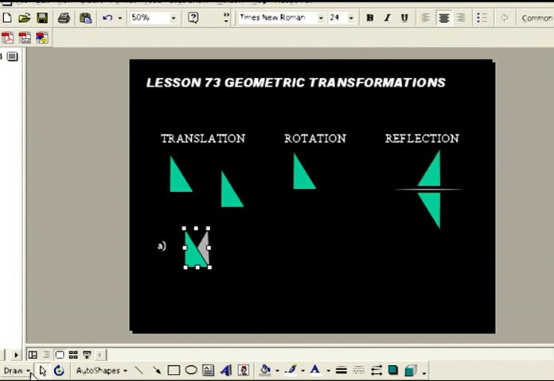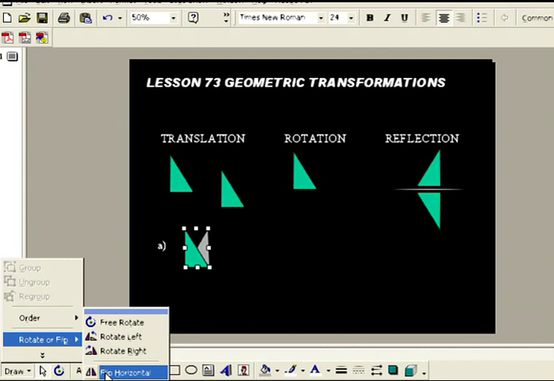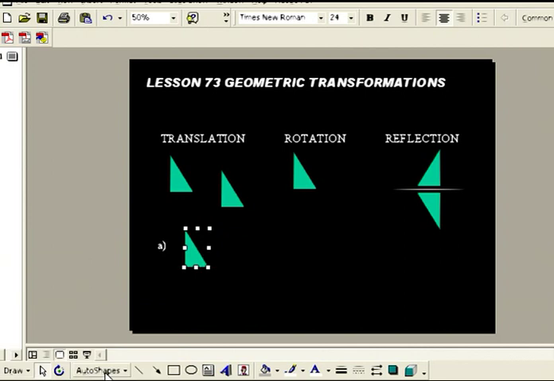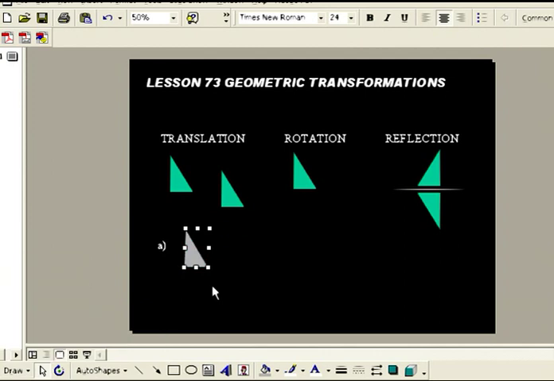So let's reflect it and go down to the draw tool, and we would want to flip it horizontally, and there it's underneath the green triangle. We can go to this order and say bring to front, and there it is. In order to get that gray triangle positioned right on top of the green one, we had to do a rotation, a translation, and a reflection. We had to do all three of those in order to get them positioned correctly.